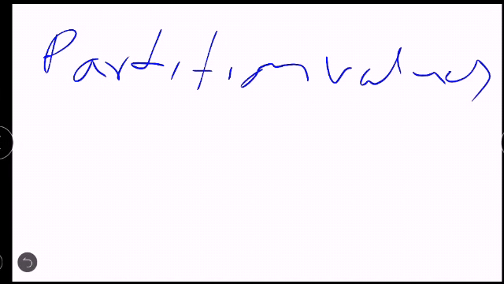So what are partition values? When we collect data from the field, we arrange them in order, either ascending or descending order. Then we divide it into equal parts.